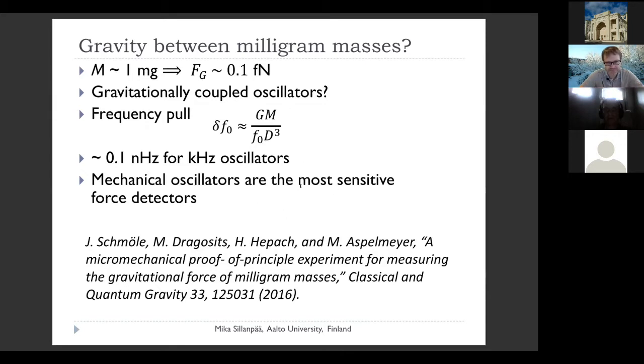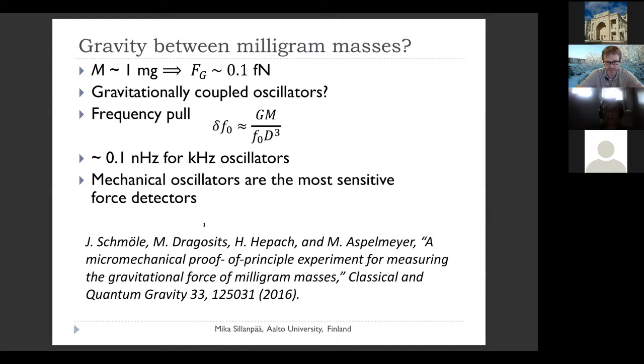Maybe for 0.1 hertz oscillators, who knows? But these kilohertz oscillators, which you might bring to the quantum limit possibly, no go. So you have to do something else and really study this bidirectional interaction.